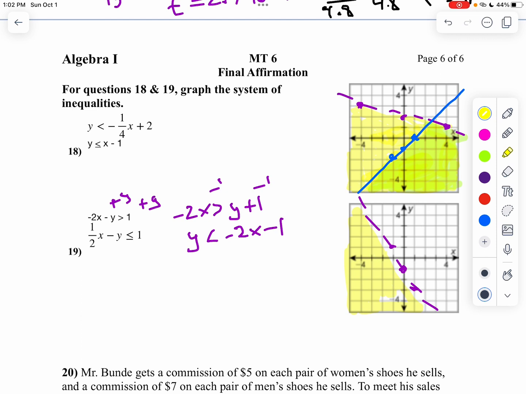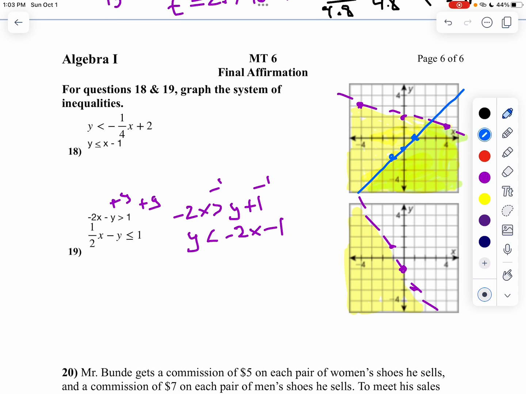Now on the next one, I could get y by itself. In fact, I think, no, I'm not going to do that. Let's do the intercepts. No, we'll get y by itself. I changed my mind. So this time, let's move the 1/2 x just so you can see how it works out.